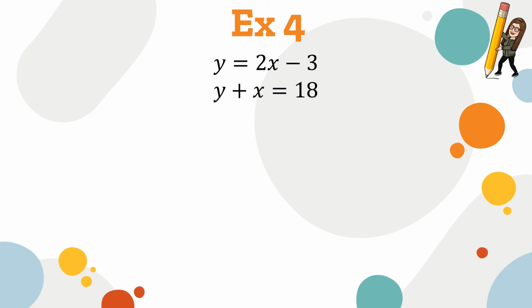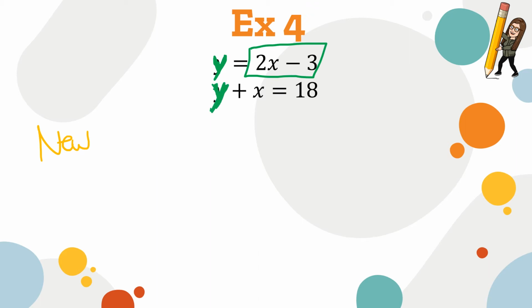All right, let's try example 4. My first goal is I need a letter by itself. Yes, y is already by itself. Y is equal to 2x minus 3, so I get to skip that step. But my new step says, take that expression and plug it in to the other equation.